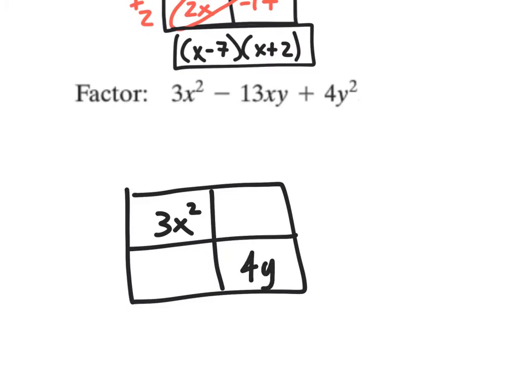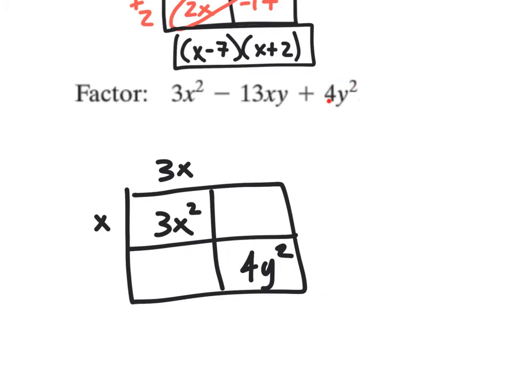Now I want to think about two numbers that are going to multiply to 3x squared. Let's just choose 3x and x here. As I'm looking at this one, we want to get 4y squared down here.